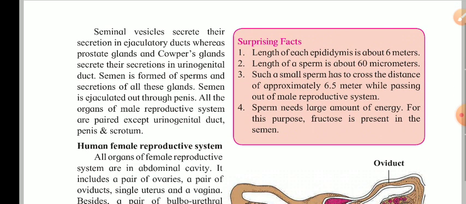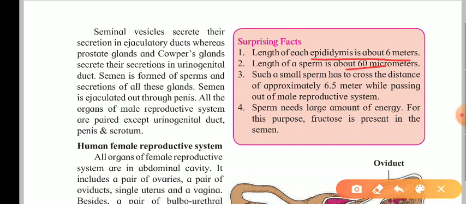Another part: the epididymis is about 6 meters long, and the length of a sperm is just 60 micrometers. So you can imagine the difference between the length of the epididymis and the size of the sperm: 6 meters and 60 micrometers.